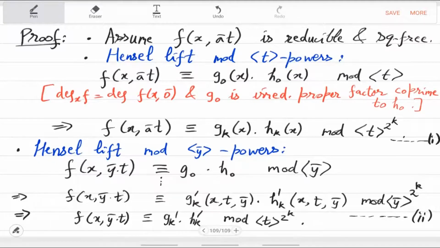So note that here we can invoke the uniqueness of Hensel lifting mod t raised to 2 raised to k. Okay, gk and gk prime, both of them are almost monic, and for almost monic factors there is this strong uniqueness property of Hensel lifting factorization. So we can actually invoke that.